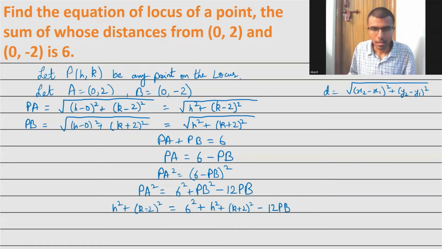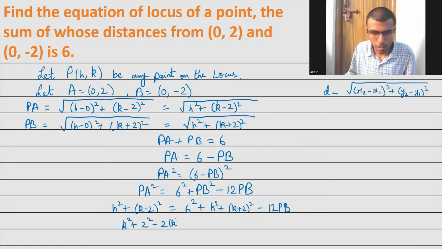Now, if you'll observe, h square and h square would get cancelled. And now I'm going to expand the other terms. So k minus 2 whole square would be k square plus 2 square minus 2 into k into 2.